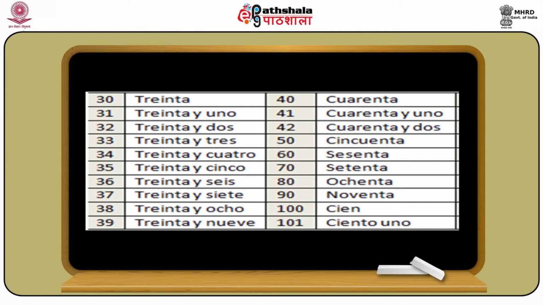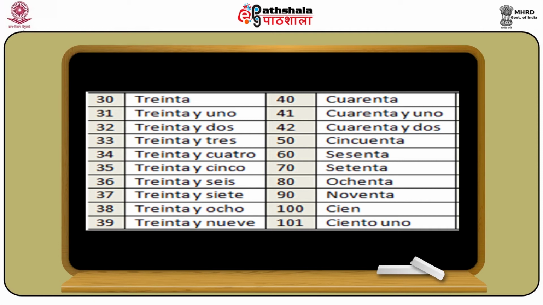So after 40, we follow the same pattern of putting y uno, y dos. For example, 41 is cuarenta y uno, 42 is cuarenta y dos, etc. And 50 is cincuenta, 60 is sesenta, 70 is setenta, 80 is ochenta, 90 is noventa, and 100 is cien.